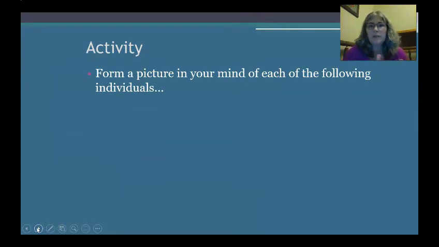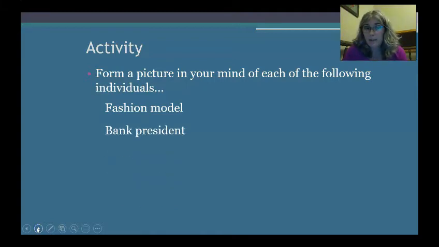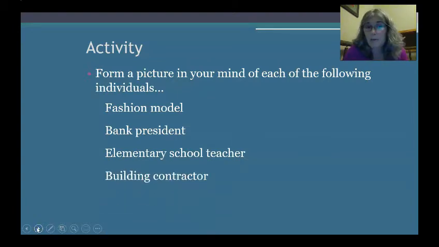So let's start with a little demonstration. I want you to picture in your mind each of these individuals that I'm about to tell you, their job title. A fashion model. What do they look like? Picture it in your mind. A bank president. What do they look like? An elementary school teacher. And a building contractor.